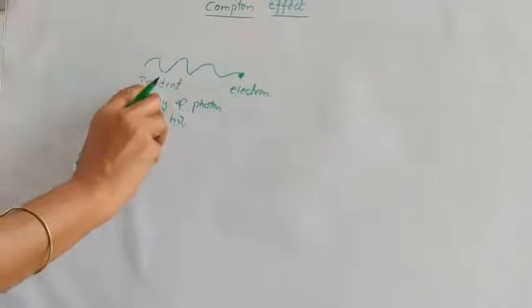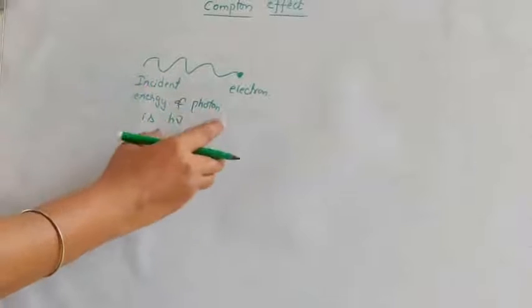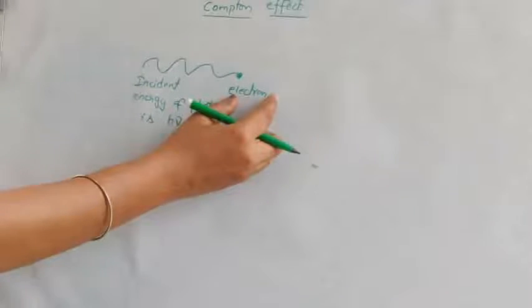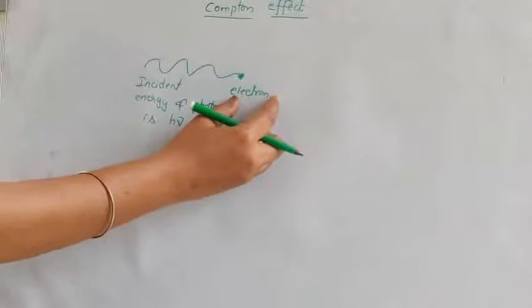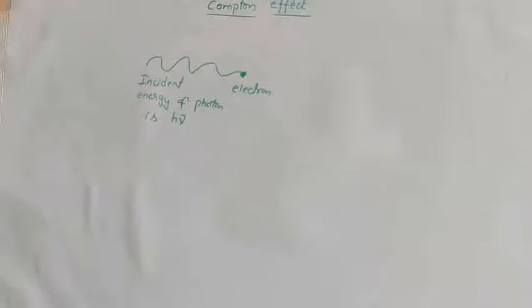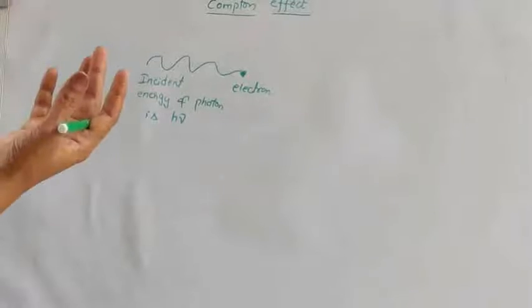When the photon of energy h nu strikes the electron at rest, there will be a change in photon energy. Why will there be a change in photon energy?